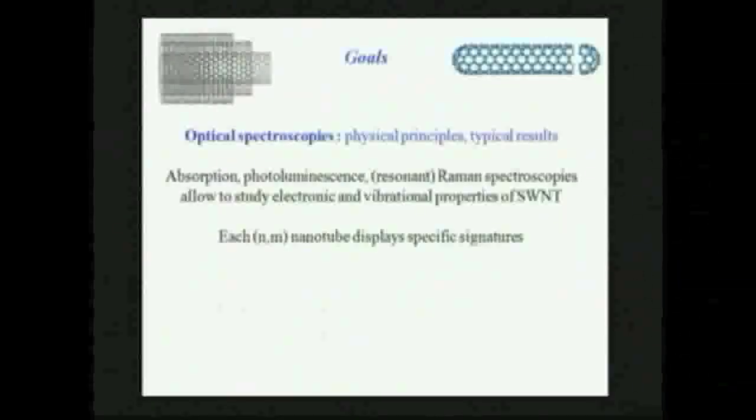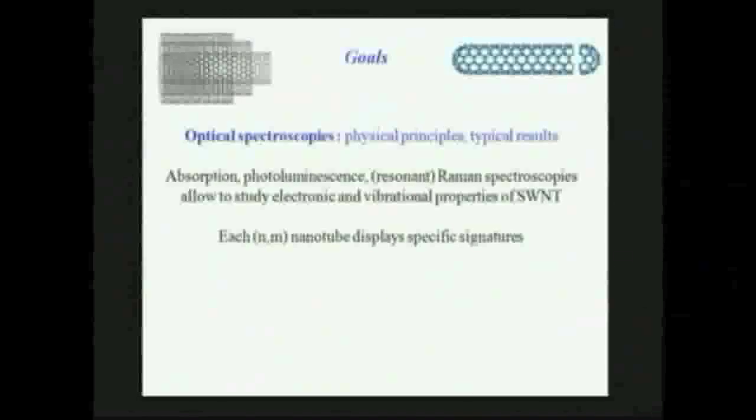So to conclude, we can say that optical spectroscopies are used not only to study vibrational properties, but also to study electronic properties, because you will be able to measure resonance phenomena and to estimate the allowed optical transitions, which correspond to the position, the energy of the van Hove singularities in the density of states.